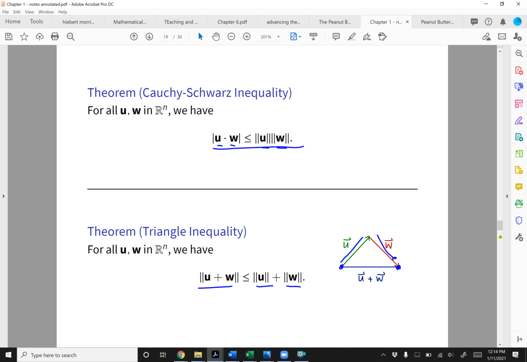So the distance around, the distance to go from here up and then down, is always longer than or equal to going directly here. If this is u and this is w, then u plus w is the same length, and then they could be equal. So if they're pointing the same direction, you can find places where it would be equal.